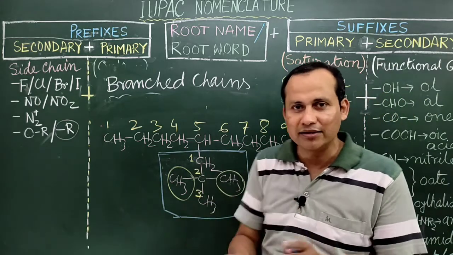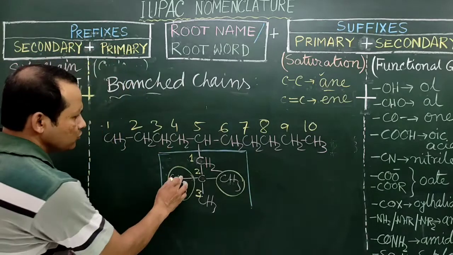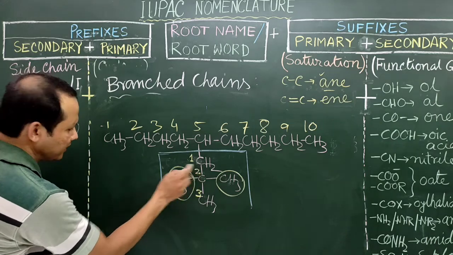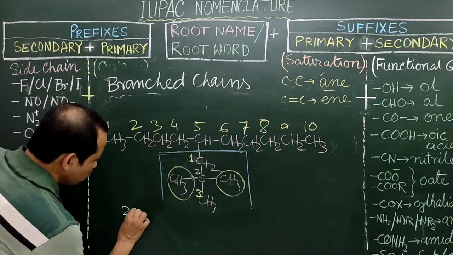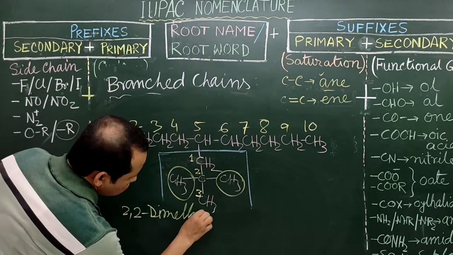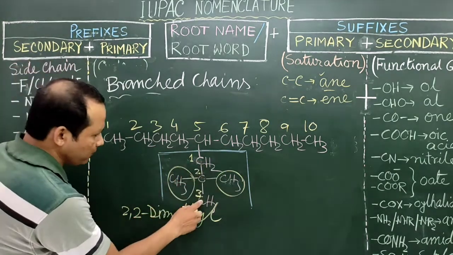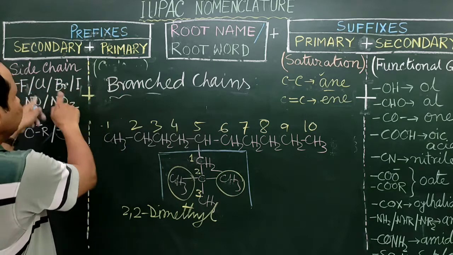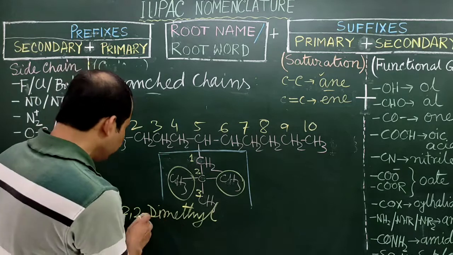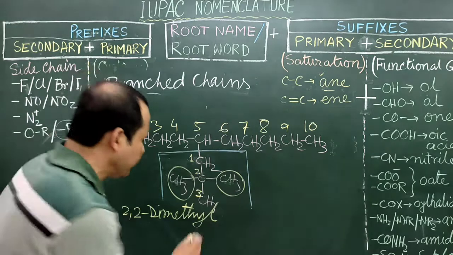Here 2 methyl groups are present, both of them on the second carbon, so it will be 2,2-dimethyl. This is coming for these 2, and this is the propane system. Since this is present here, it will ultimately be an alkyl group, so it will be 2,2-dimethyl, and from propane it will be propyl.